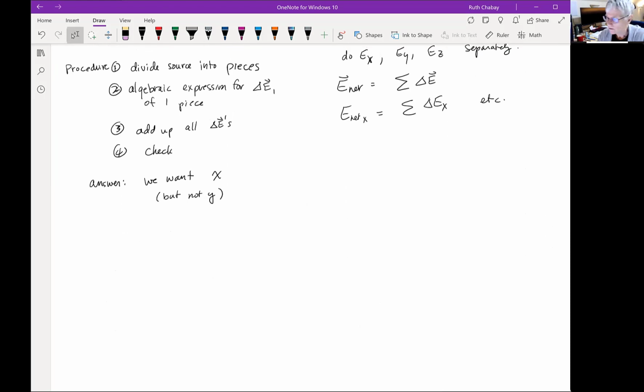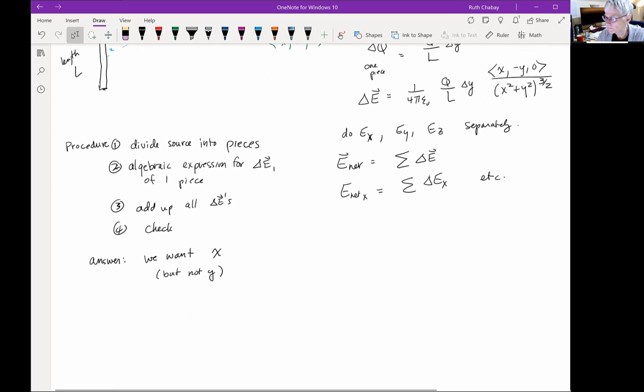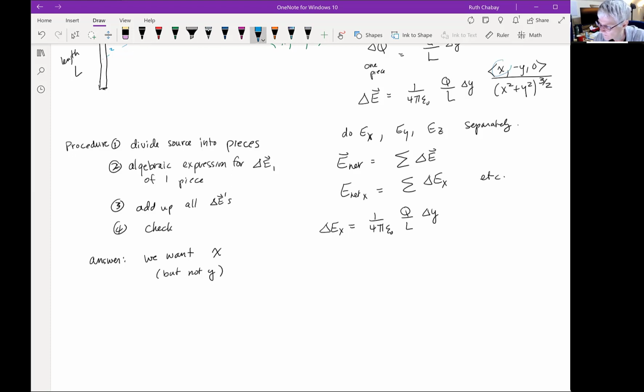So now we can actually convert. Let's write these out separately. We have delta E sub x is 1 over 4 pi epsilon 0 q over L delta y, and we want the x component. So the x component of this vector comes down here, and we get an x in the numerator.